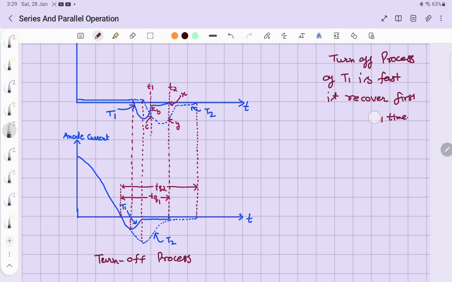Or you can see, forget this, it recovers first. Here I'll show you.